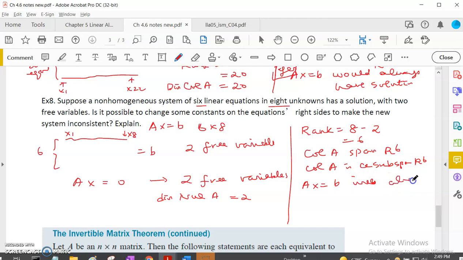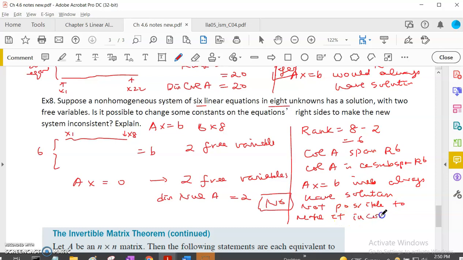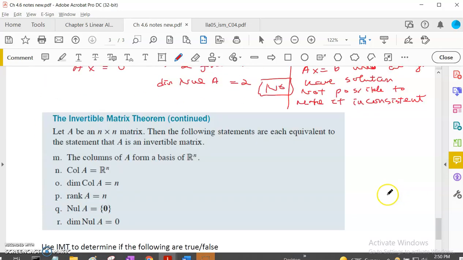If column A were in R8 but the dimension were only 6, then it would not span, but in this case it does. So even if you change your B a little bit, you should still be able to find a solution. It is not possible to make the new system inconsistent. So the answer is no, because column A spans the whole space. That is the second one.